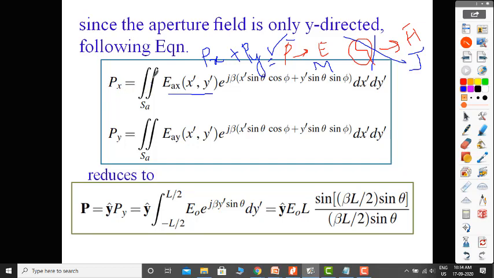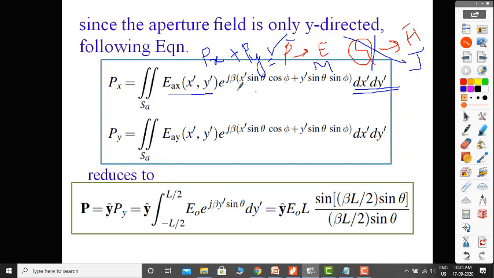Therefore, Px is a double integral of EAX of x prime y prime, where x prime y prime represent the points pertaining to the source, multiplied by e raised to j beta times x prime sin theta cos phi plus y prime sin theta sin phi, dx prime dy prime. It is a double integral. Similarly, we have to evaluate the y component of the P integral as Py, which corresponds to the y component of electric field EAY.